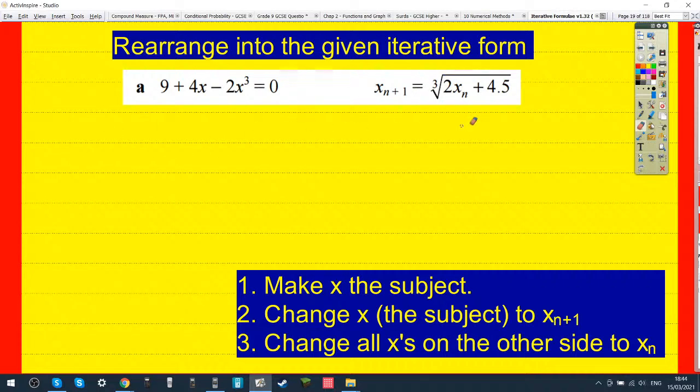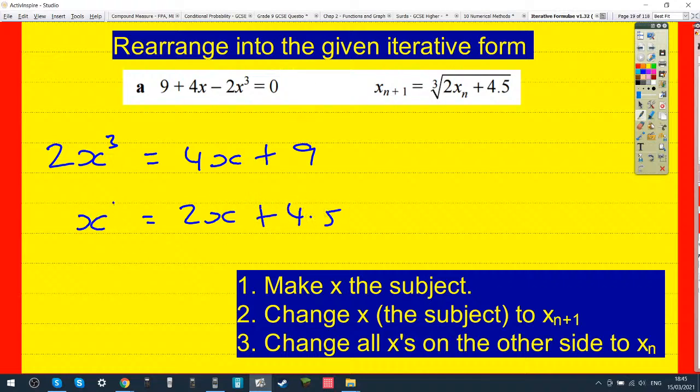Yeah, they do. Make x cubed the subject first. So if I do minus 2x cubed equals minus 4x minus 9. I'm making everything positive. Divide both sides by 2 to get 4.5 plus 2x. Yeah, I'm swapping those around.